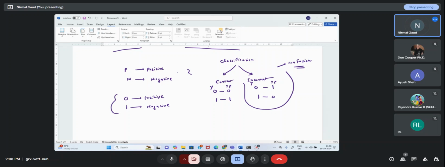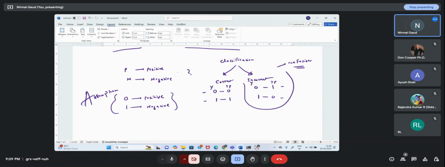It's just our assumption. And I have told classification can be correct and it can be incorrect. So you can see here one, two, three, four: four types of possibilities for binary classification.